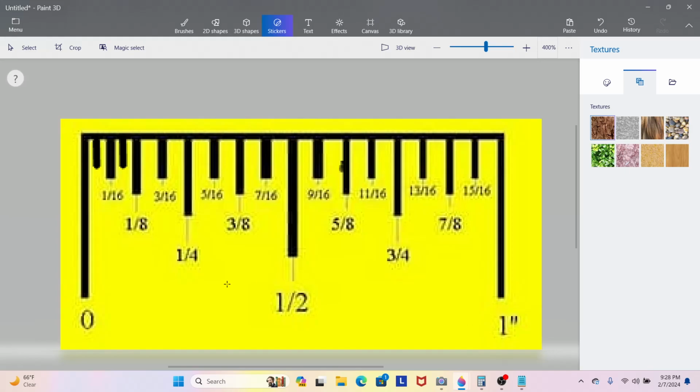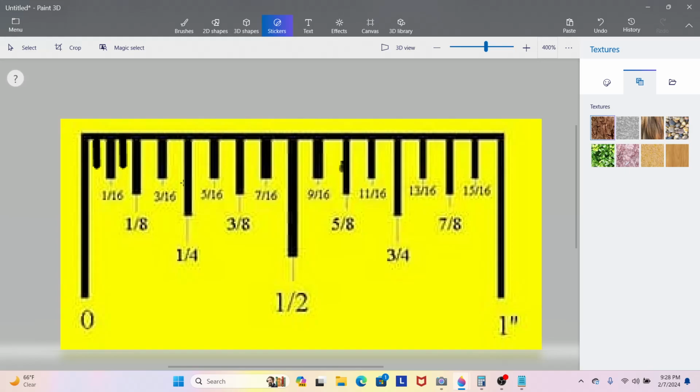Now, I believe that is all you really need to know about how to read a tape measure and read the 32nds of an inch, the 16ths of an inch, the eighths, the fourths, and the halves. Just remember there's 32. You're going to count all the lines if you're counting in the 32nds. If you're counting in the 16ths, you're going to count the next largest line, but you'll skip over. So 1, 2, 3, and what are you adding on the bottom of that line? 16.